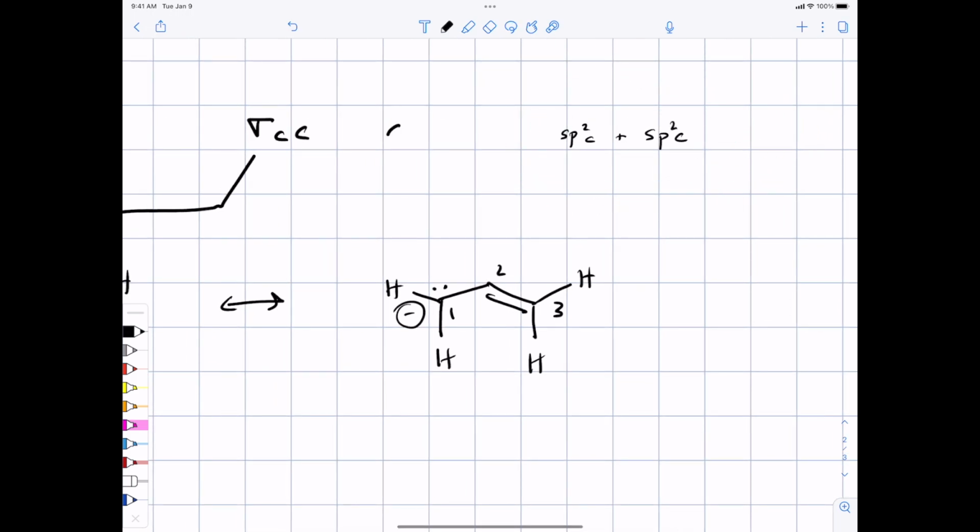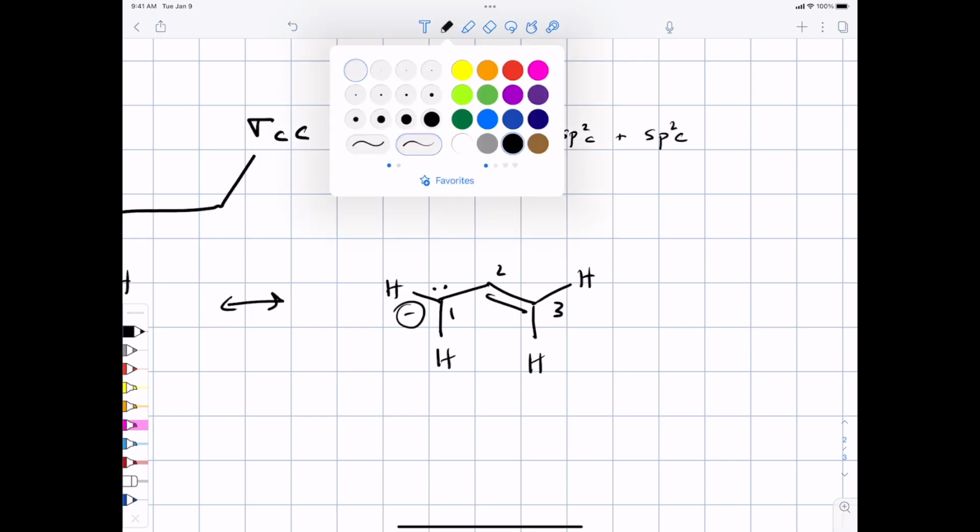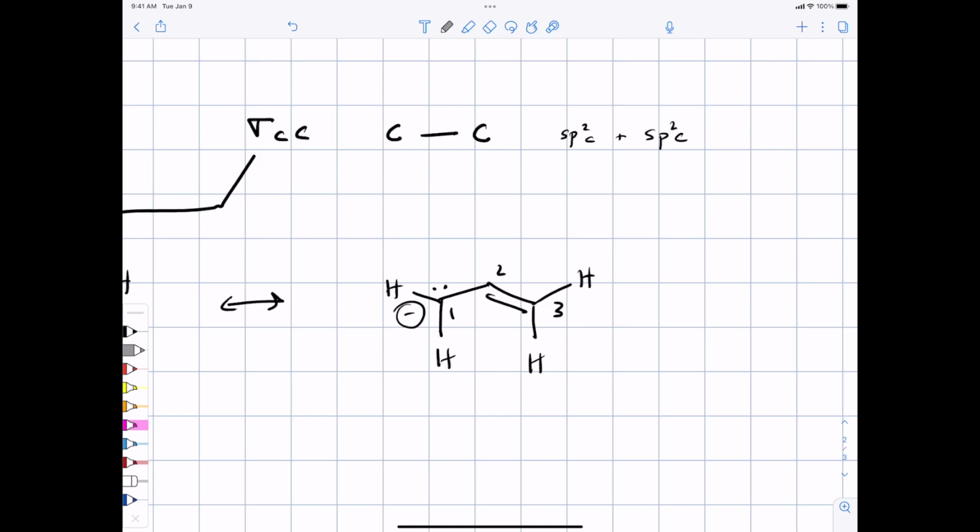That is, here's a carbon, here's another carbon. You're going to get basically what you would get if you overlap the large lobes of 2 sp2 orbitals from carbon. So we're going to get a large amount of orbital in between the 2 nuclei and smaller lobes pointing away from the space between the 2 nuclei.